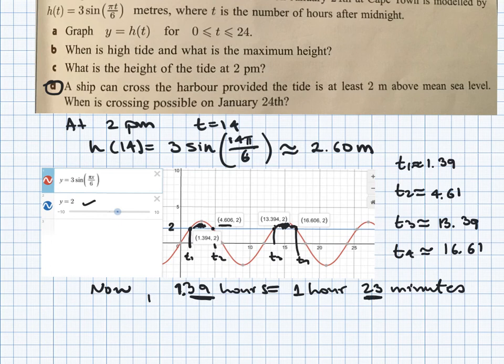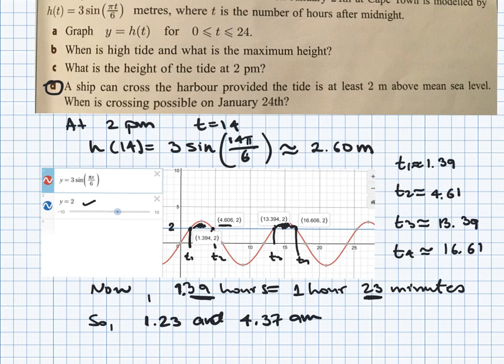So this is time 1. If you convert all of this into hours and minutes, the ship can cross between 1:23 a.m. and 4:37 a.m.